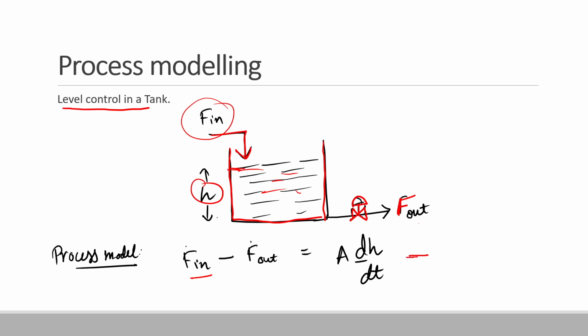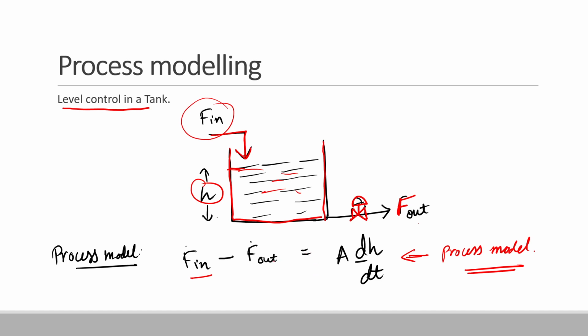Such equations are known as process models, because they mimic the performance of the system. Ultimately, for process control, we will use one or another form of this model for further studies.